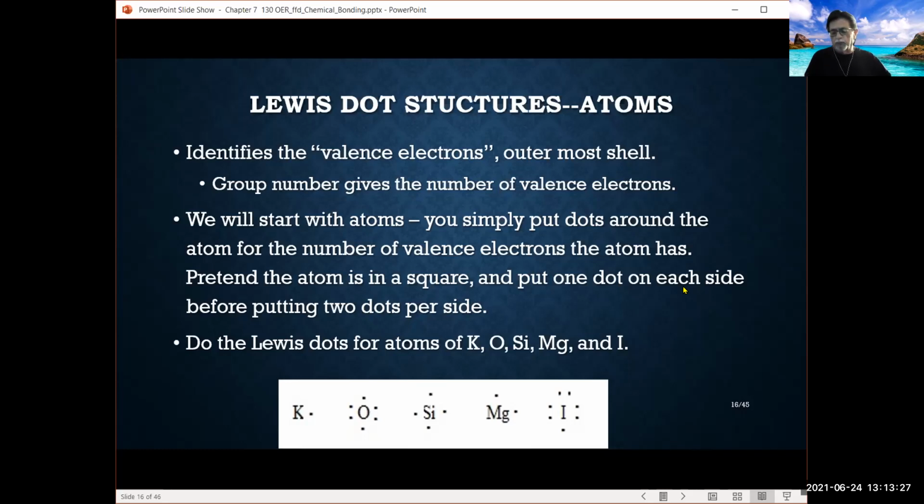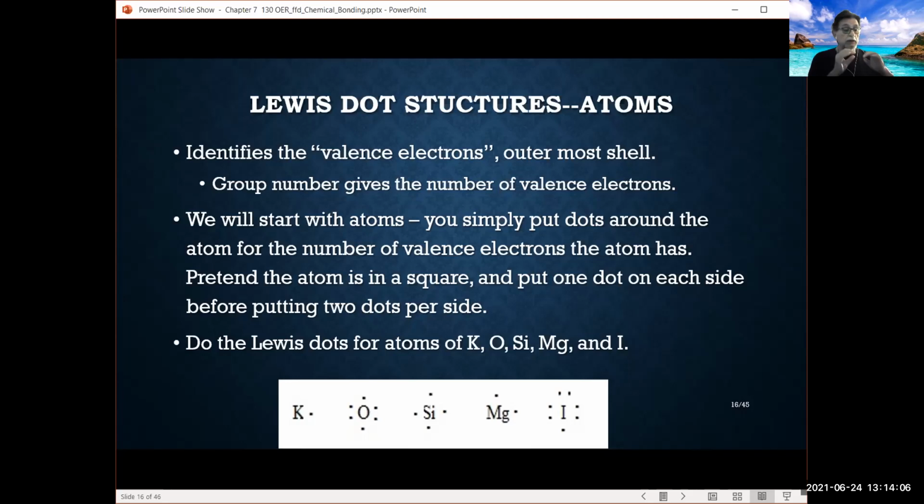So when asked, why do we care about the valence electrons? Because that is where all the chemistry occurs. The innermost electrons, the core electrons, are inside the valence shell. The valence shell is the outermost shell, okay? The core shells are full, and nothing is going to happen to them. The reactions occur on the outside shell, and depending on the atom, it will either lose the electrons on the outermost shell, or it will gain them.